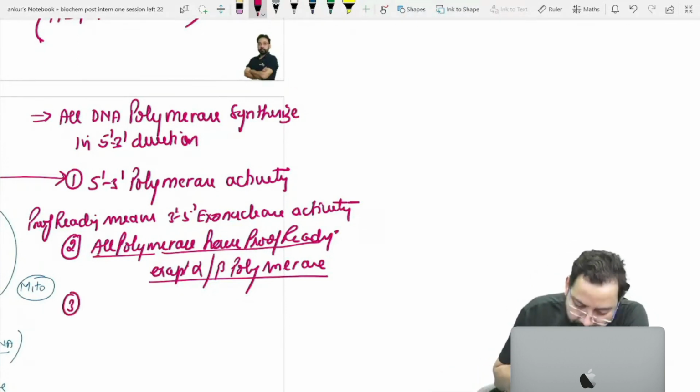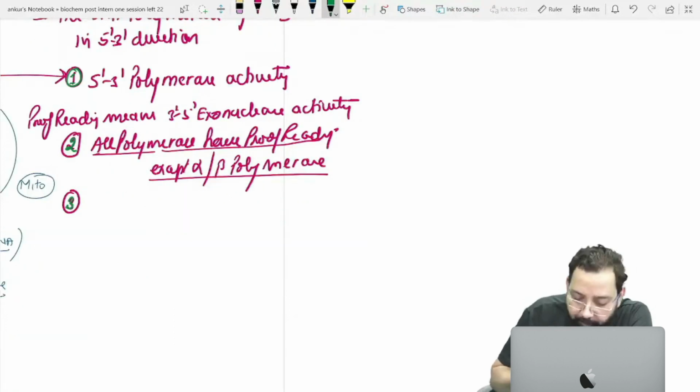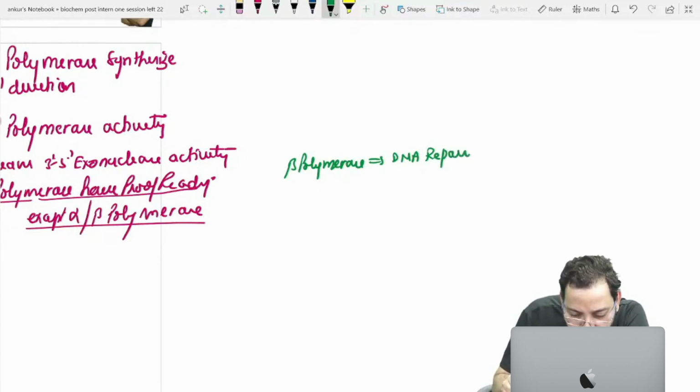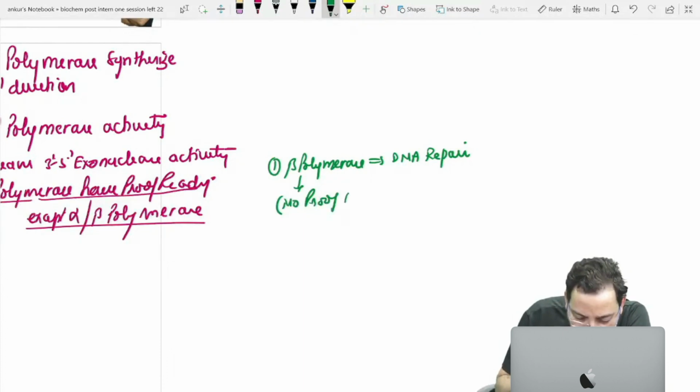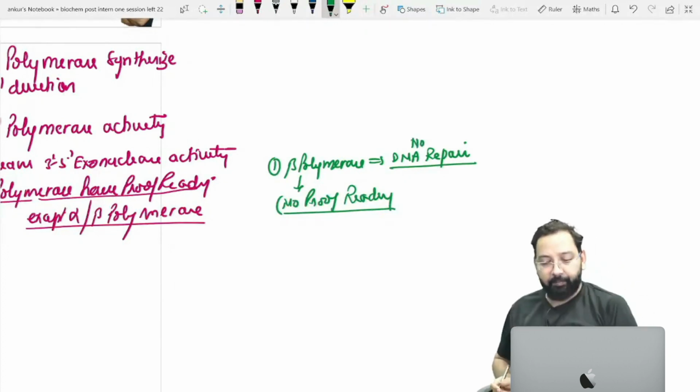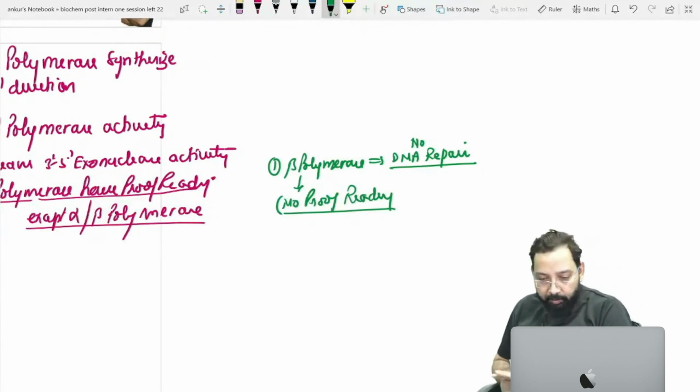So if I ask you, does beta polymerase do DNA repair? Beta polymerase has no proofreading. Is it possible?